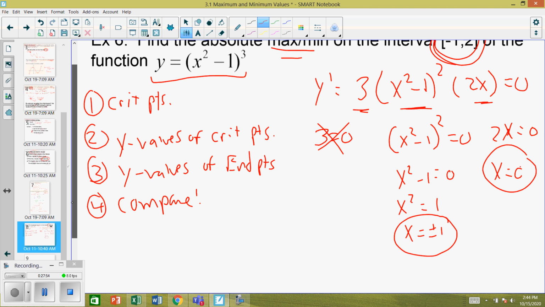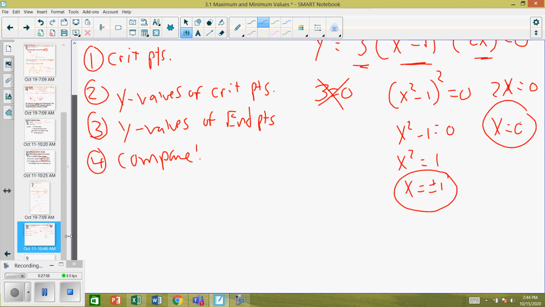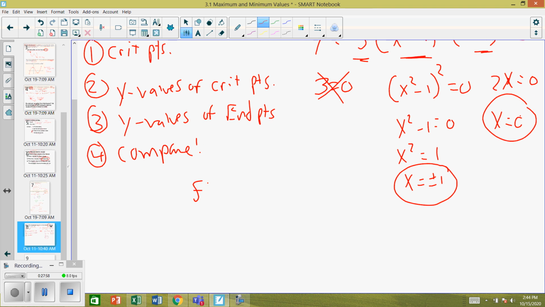My interval is between -1 and 2. So I'm going to put f of -1, which happens to also be a critical point, so I don't have to label that twice. We also have f of 0 as another critical point, f of 1 as a critical point, and my last endpoint is f of 2.